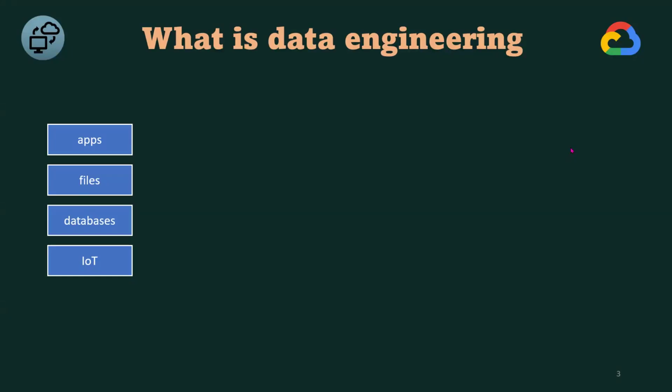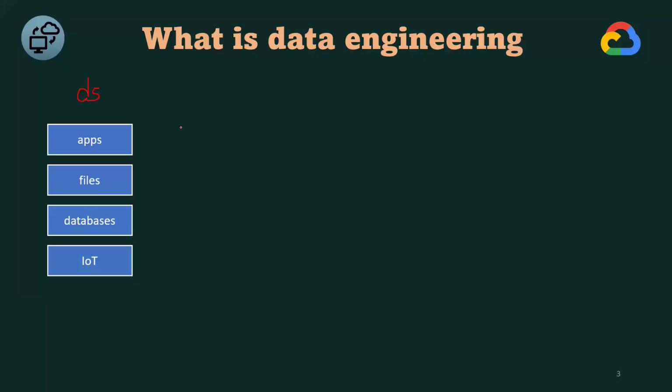So we need to process the data in a streaming or continuous manner, so that we get to know if there is any leakage. So for that purpose, as a data engineer, you will be getting the data from some application, file formats, databases or IoT devices. These are all your data sources, guys. These are all the data sources for the data engineer.